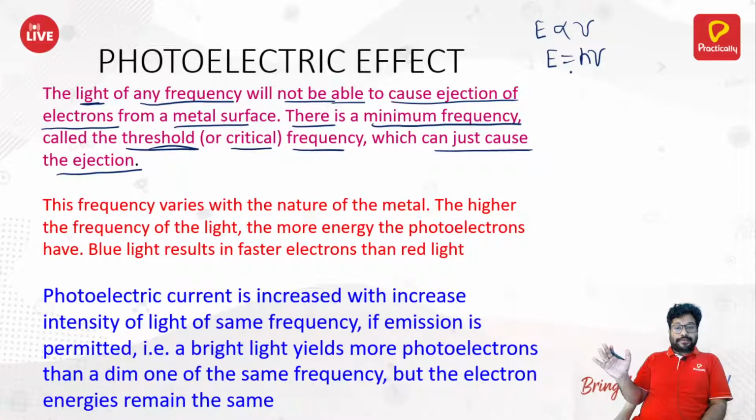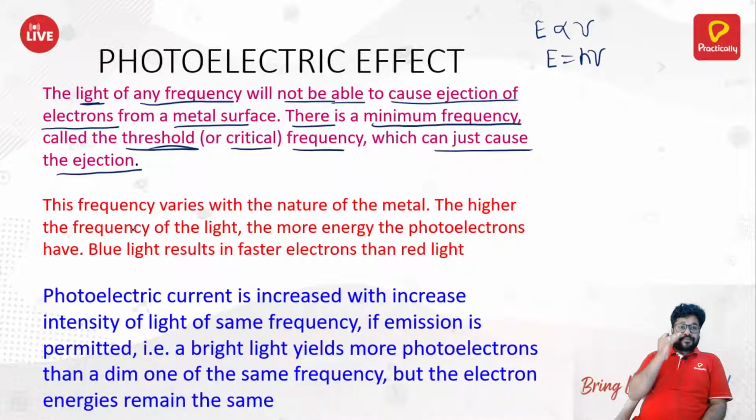You are getting my point? Your radiation should have a certain minimum frequency, called the threshold or critical frequency, so that it can cause the ejection of an electron.